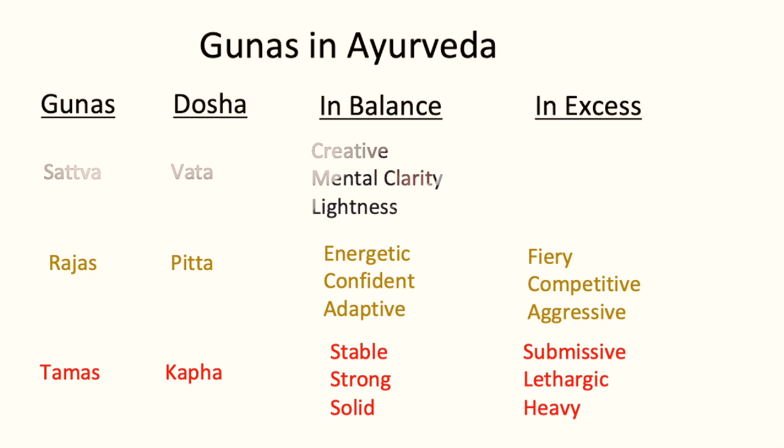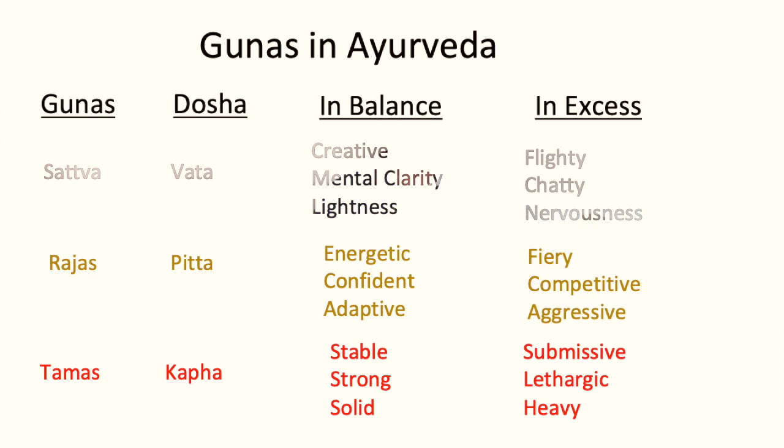Sattva. If you have excess sattva, you tend to have a nervous energy about you. You're a little bit nervous, you may be a little bit chatty. You just talk too much. And you know that the sattvic aspect also relates to sound, and excess sound shows up as chattiness or flightiness.